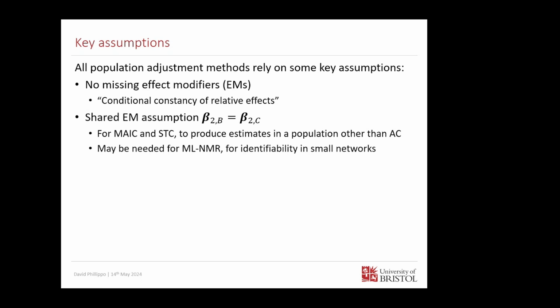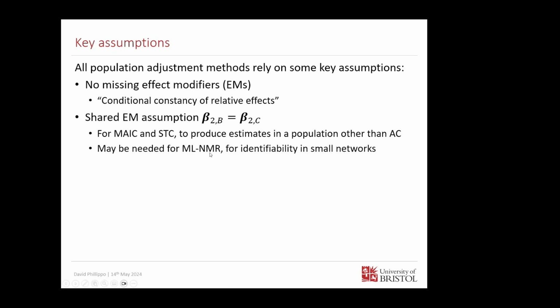Secondly, we often also need to make some form of what we call a shared effect modifier assumption. And what that means is that the variables, the effect modifiers, the things that alter how well one treatment works relative to control, for a set of active treatments, they have the same effect modifiers and they interact in the same way.